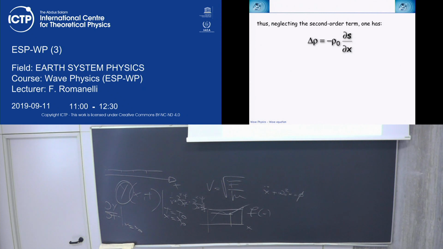Now let's think about it. Let's imagine that the displacement that I'm causing is a compression. If it is like a compression, the partial derivative is negative, because Vs there is less than Vs here. If it is negative, multiplied by the initial density with the minus sign, it means that delta rho is positive.